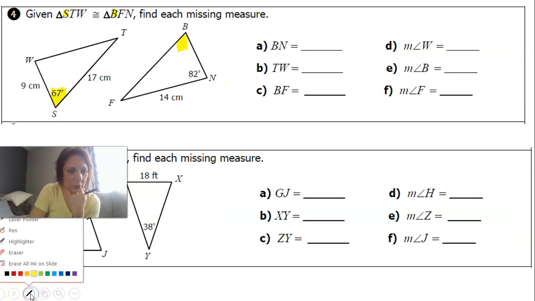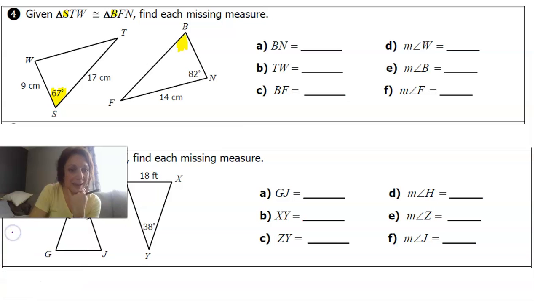All right, so I want you to notice something here. I now know something that I didn't know before. Since I know that S and B are the same, and they gave me 67 for S, guess what? I can take that 67 and move it over here. I know B has to be 67 because S and B have to be the same.